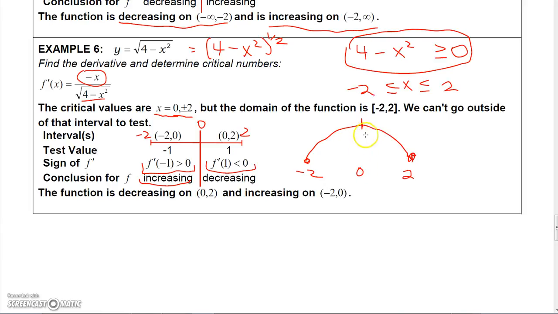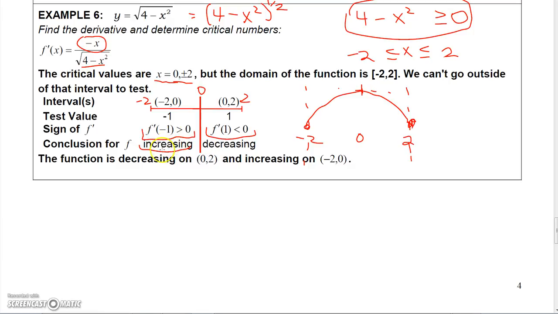And the reason -2 and 2 are critical numbers is because you get vertical tangent lines at -2 and 2, and then at 0 you get a horizontal tangent line. So anyway, the function is decreasing from 0 to 2, so that would be this side, and then it's increasing from -2 to 0, so that would be the left side.